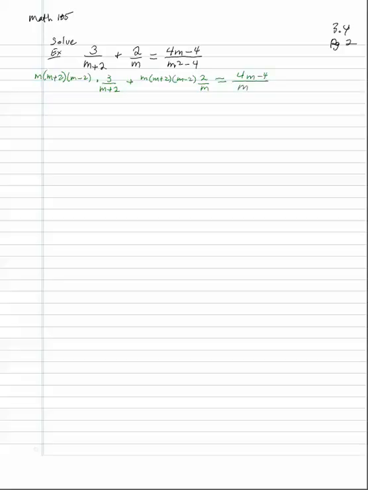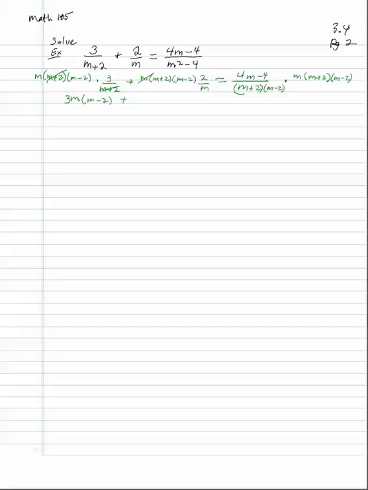And then m plus 2, m minus 2, and golden rule, what you do to one side, do to the other. So you're multiplying everything with the LCD for all the fractions. Okay, so for the first, the m plus 2's cancel, and we're going to get m minus 2 times 3, so I'll just put it in front.